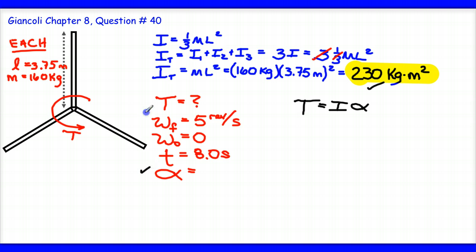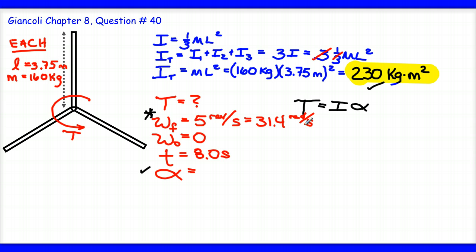I should also recognize that this is not given to me in standard units of radians per second. It's given in revolutions per second, so each revolution is 2 pi radians, so I'll have to deal with that. Once I convert the 5 revolutions per second, I get 31.4 radians per second.